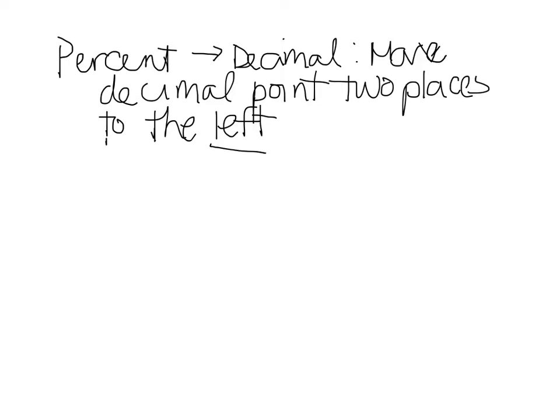To the left. And that's the thing that can be a little bit confusing, but if you think of percent as divided by, out of 100, that's your little cue that you're dividing, and so it moves to the left.